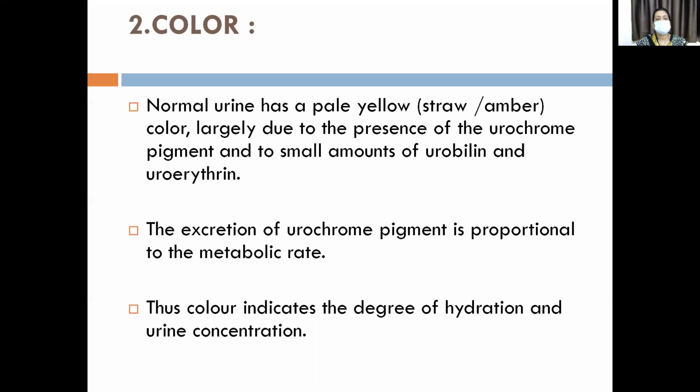So whenever there is increased metabolism, as in hyperthyroidism, or the patient is having fever, the excretion of this urochrome pigment is high. That's the reason why it becomes more colored or appears more concentrated, that means more yellow. Thus, color indicates the degree of hydration and urine concentration.